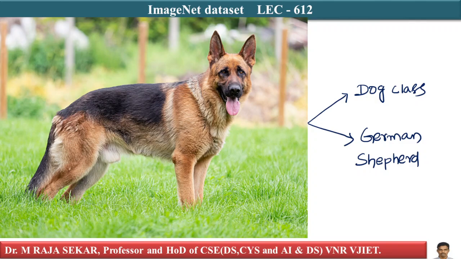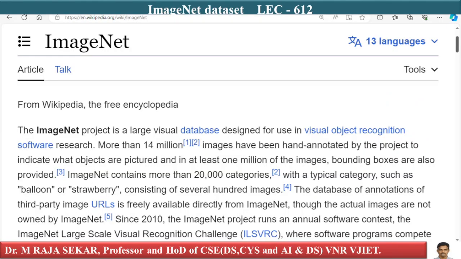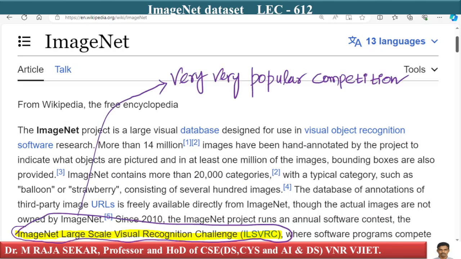It is a very popular dataset, and there is a competition called the ImageNet Large Scale Visual Recognition Challenge, in short ILSVRC. It is a very popular contest that happens every year since 2010.